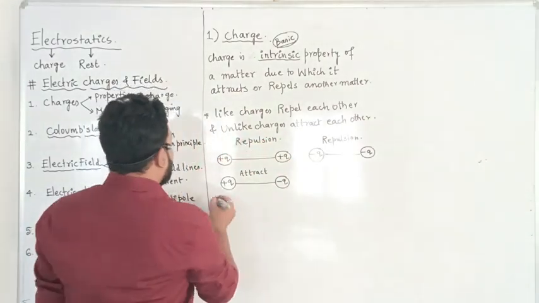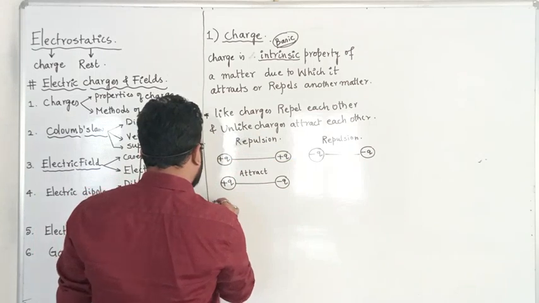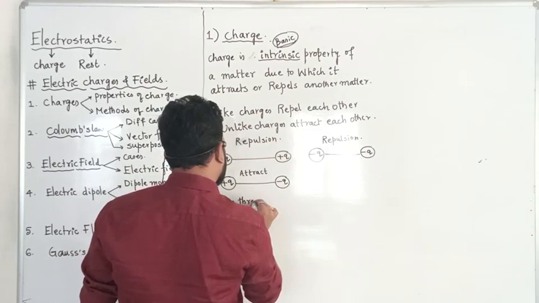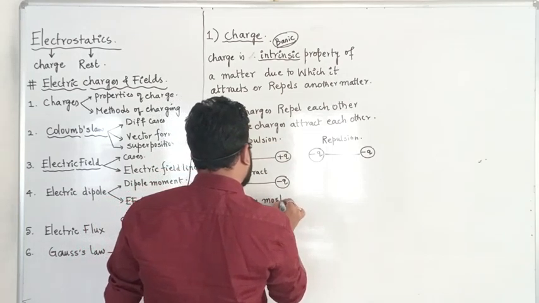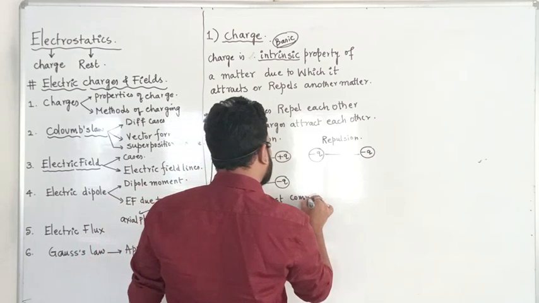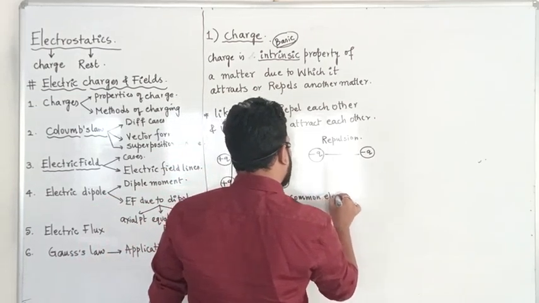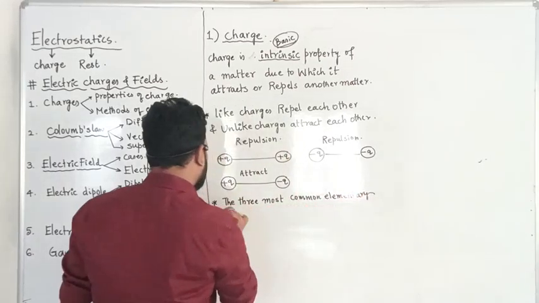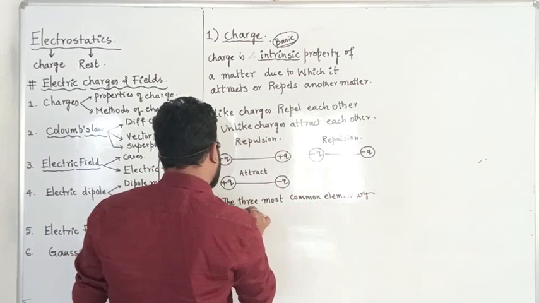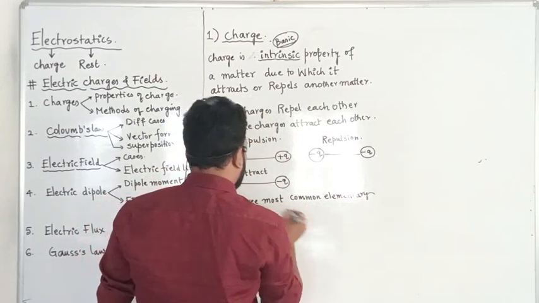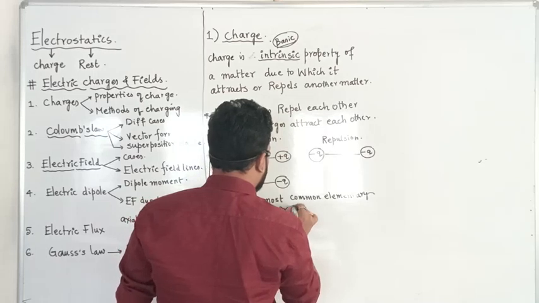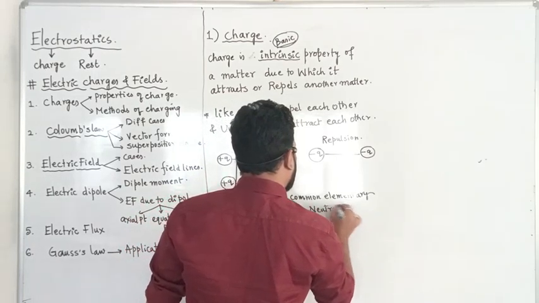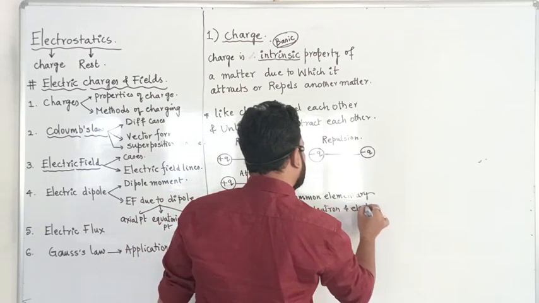Now the next point: the three most common elementary particles are proton, neutron and electron.